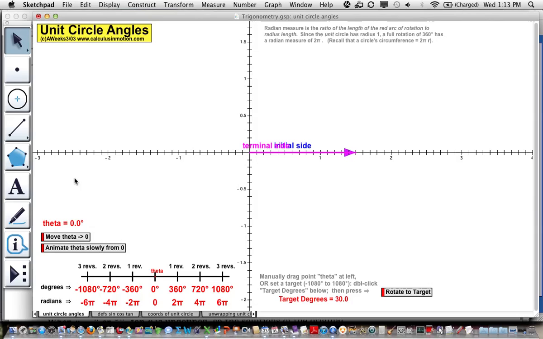So the first thing I wanted to go over is that if we just look at an angle, we work in radian measure all the time.